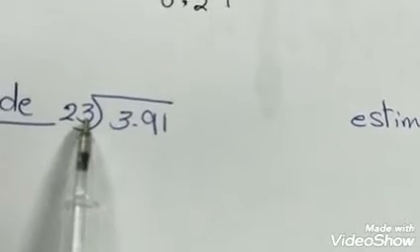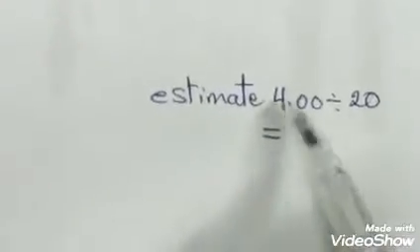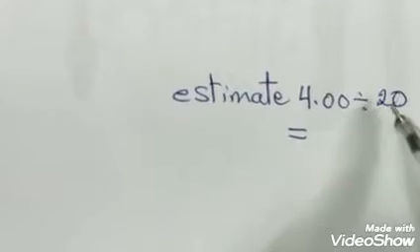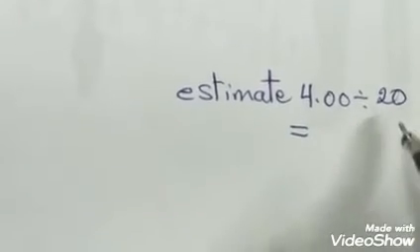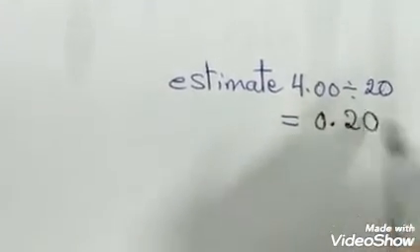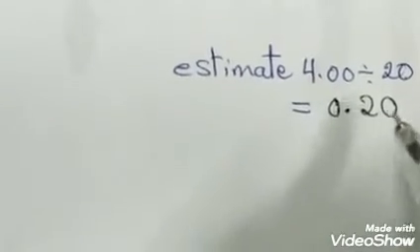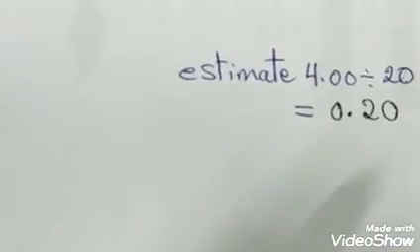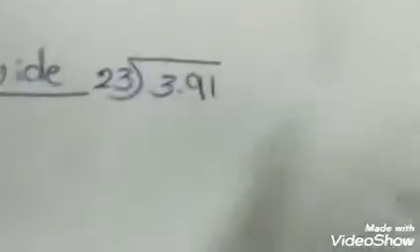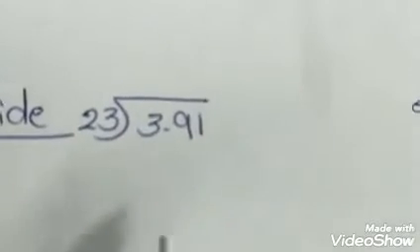And the 23 will be approximated to 20. So estimate 4 divided by 20. It means like 400 divided by 20 will have 20, but it will be 0.20. So now we'll have the exact or accurate quotient.